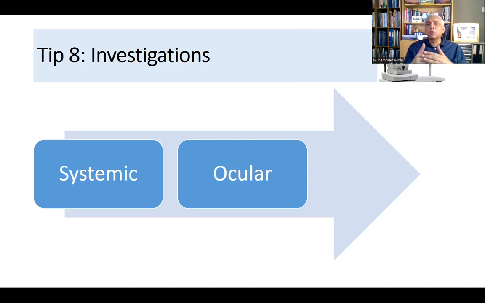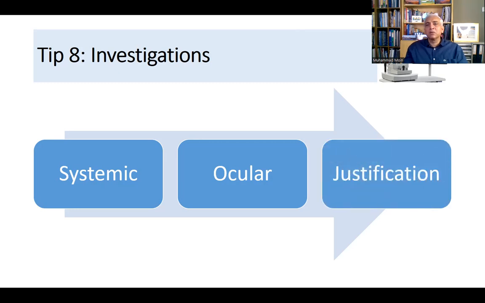But the most important tests which we have are the OCT, FFA, B scan, and the newer modalities are also important, like angio OCT, wide field or the ultra wide field cameras, which includes the Optos, which will give you a 120 degrees picture of the retina, and the RetCam, especially in patients with retinopathy of prematurity.